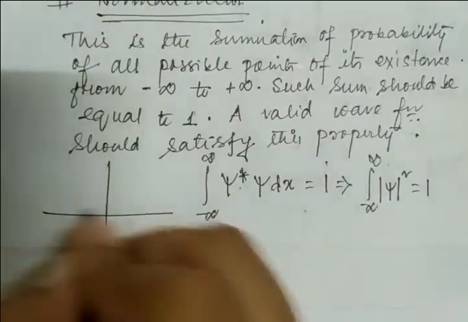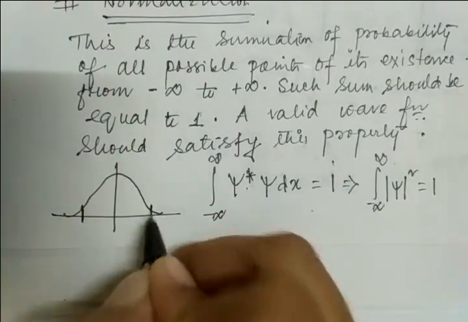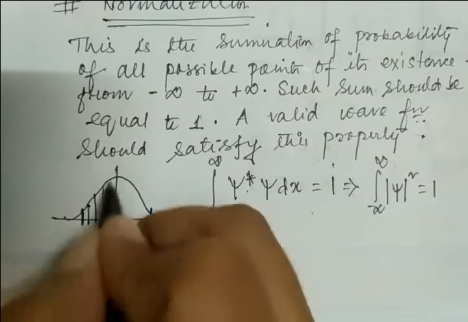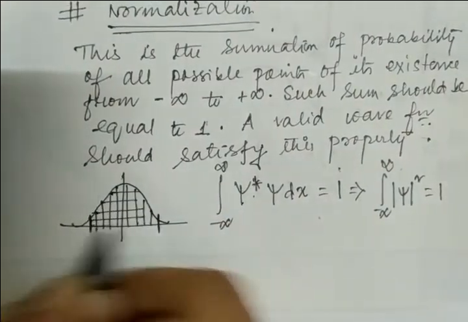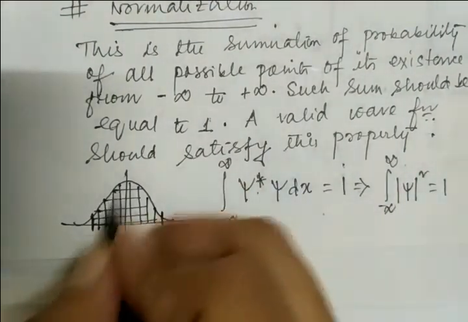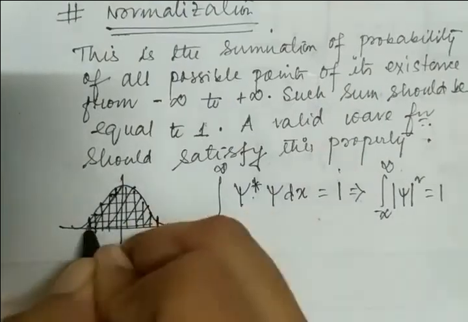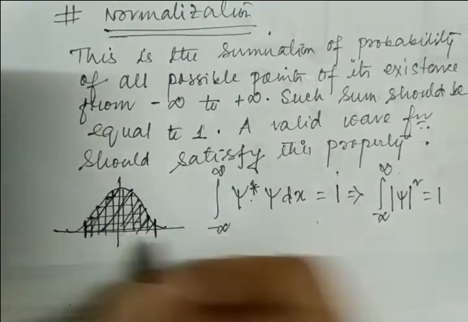So if we know the distribution, this curve, this is a distribution curve, and here it is the region, and this is the probability that the particle can move in this region. In a very simple way we can say that this area under the curve is nothing but the probability distribution. Under this curve, what is my total area?